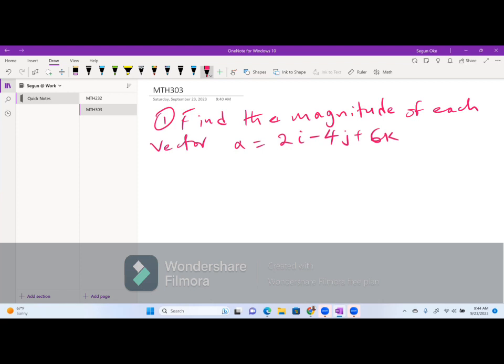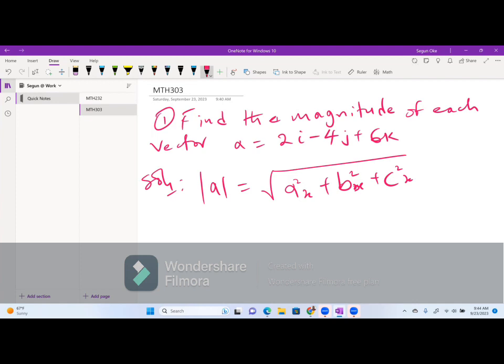Remember, the formula says the magnitude is the square root of a squared plus b squared plus c squared.